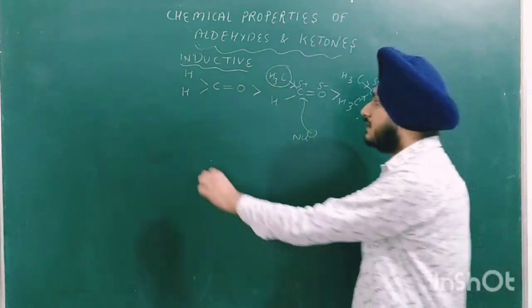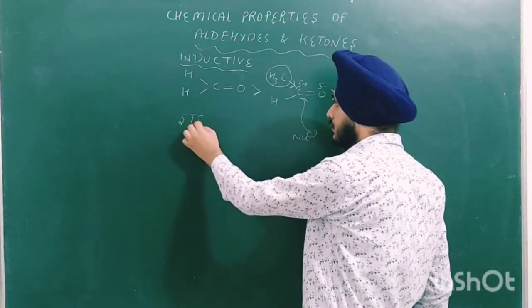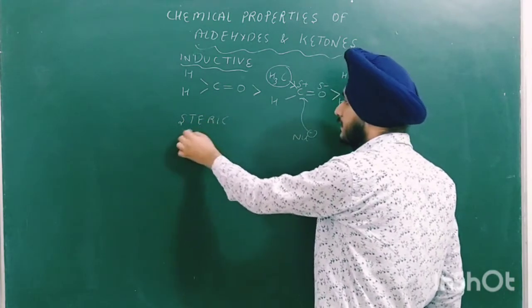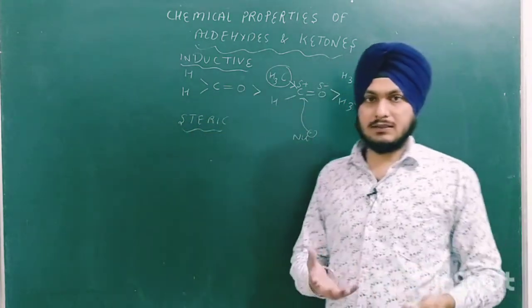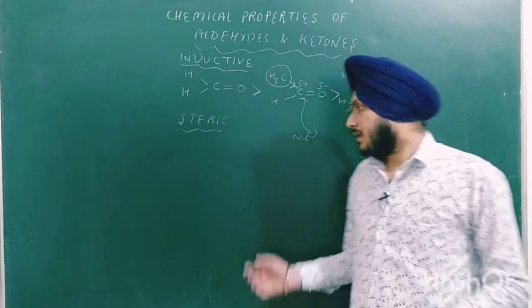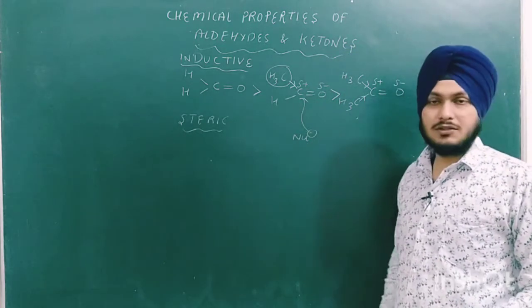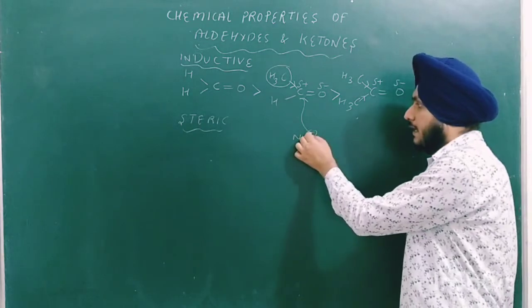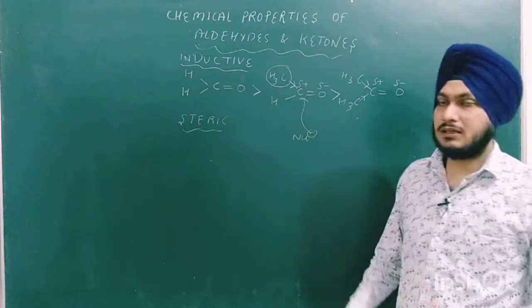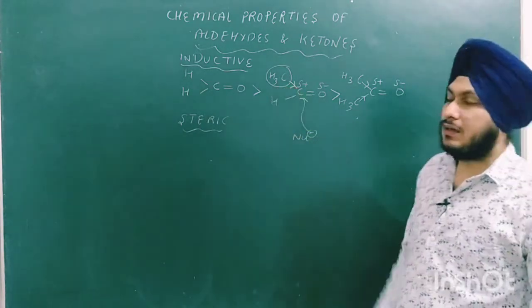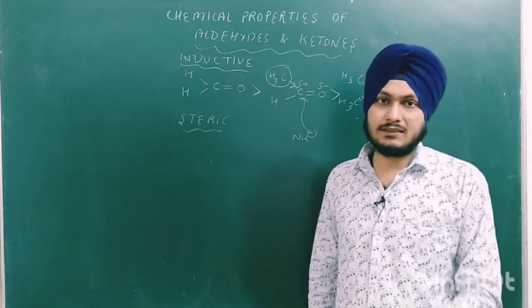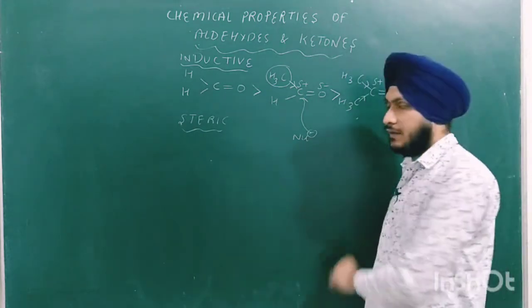The second factor is the steric factor. Steric factor means when this nucleophile attacks this carbonyl carbon, then this methyl group will create some hindrance in the attack of the nucleophile.